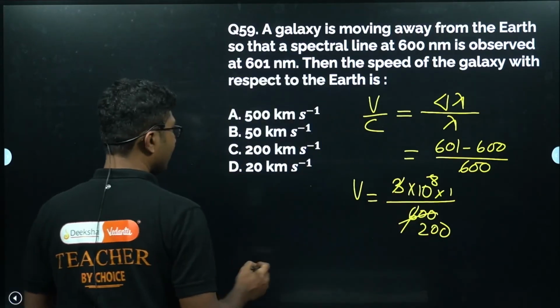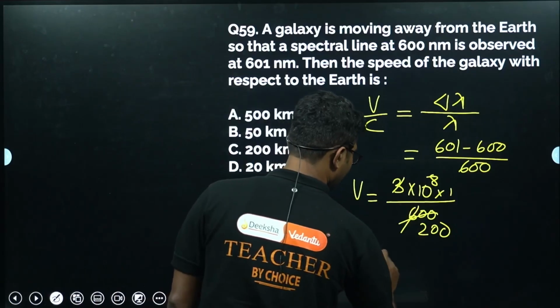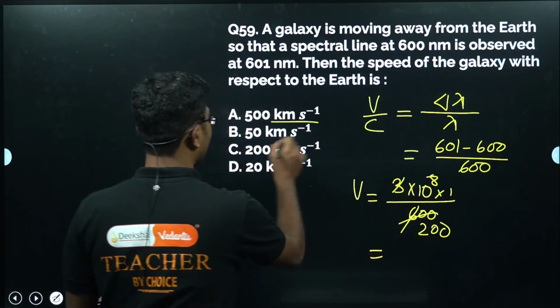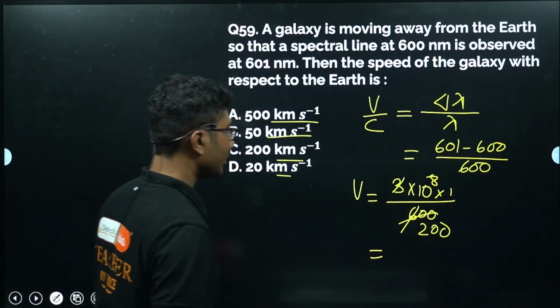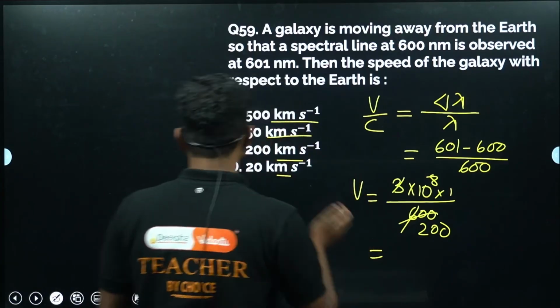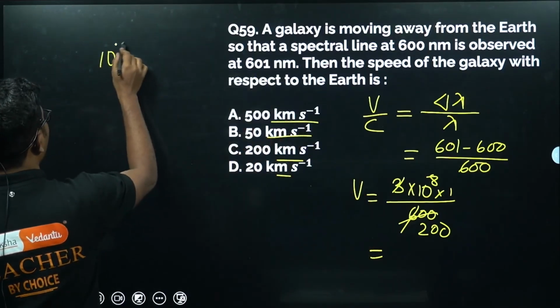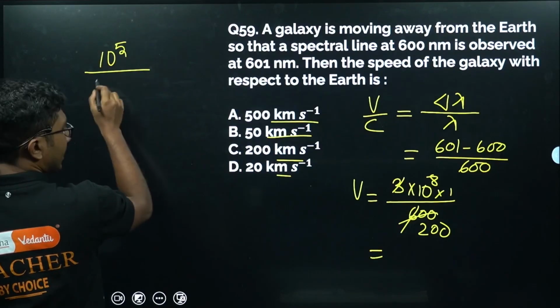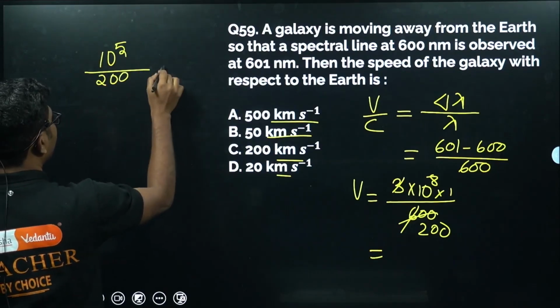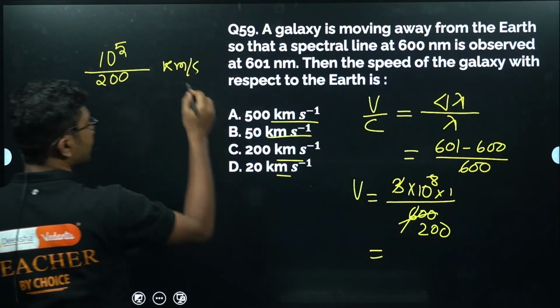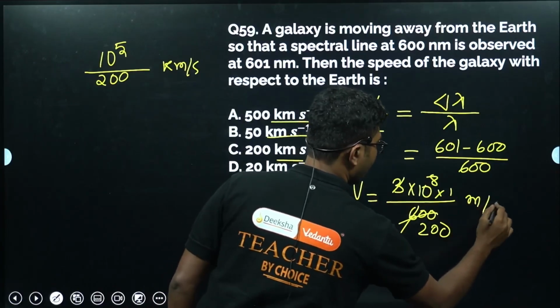Now, if you simplify this, we are having the answer in terms of kilometer per second, right. Kilometer means 10 to the power of 3. So, we will get 10 to the power of 5 divided by 200 kilometer per second. Here it is meter per second, right.